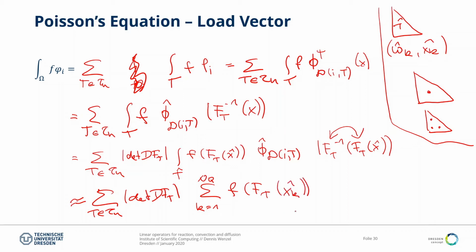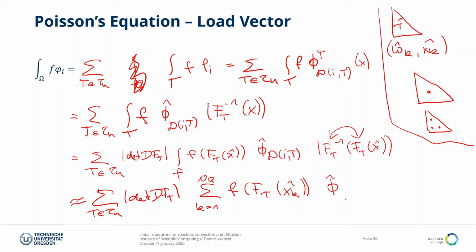That here, by the way, was the transformation of the quadrature points. We've talked about this, these numerical integration schemes that can be transformed from some reference to any domain that you want, and that's precisely what's necessary here. So that's f of ft of xk hat.